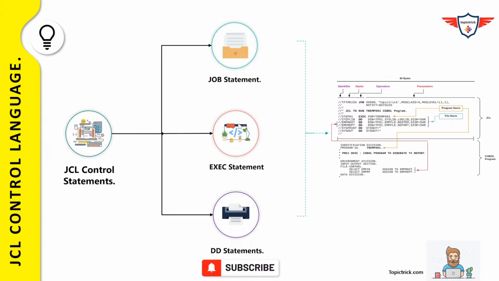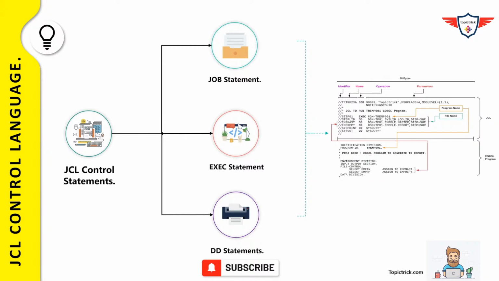And the step is going to have an execute statement that will specify the program name and a couple of DD statements that will specify the datasets that you will be using in the program. Now the question is, do you really need to include all three types of control statements in a JCL? Well, the answer is no. You should always remember that every job must contain a minimum of the following two types of control statements.